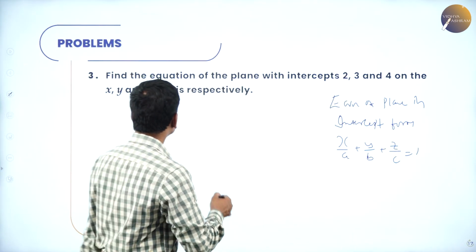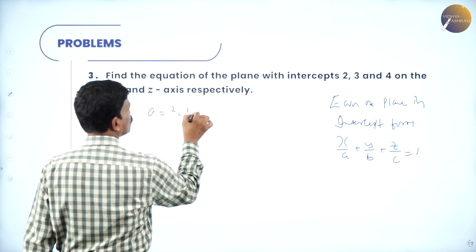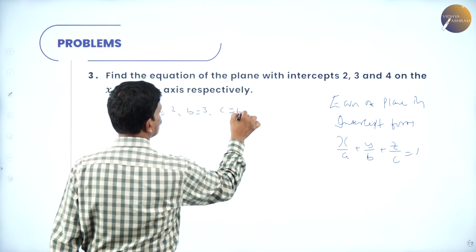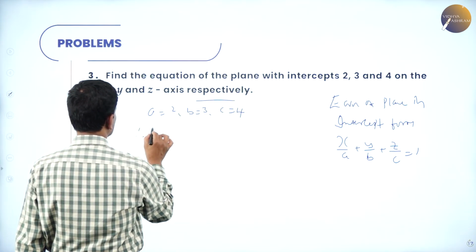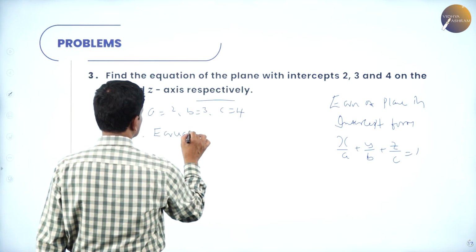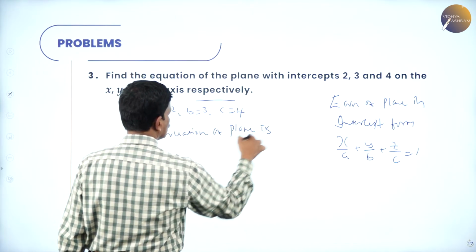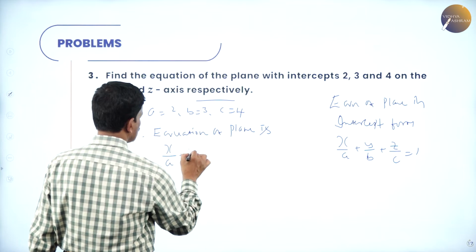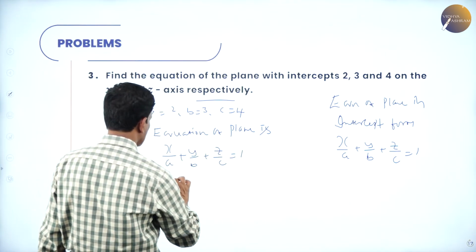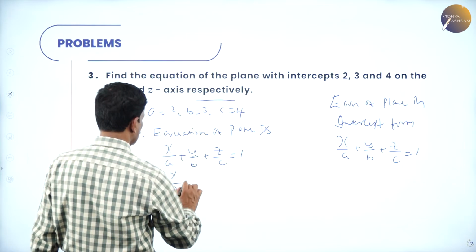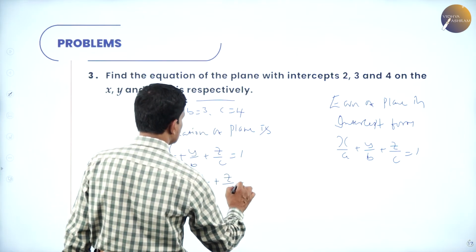What is given here? a is equal to 2, b is equal to 3 and c is equal to 4 on x, y and z axis respectively. So, the equation of plane is x by a plus y by b plus z by c is equal to 1. a is 2, b is 3, c is 4.